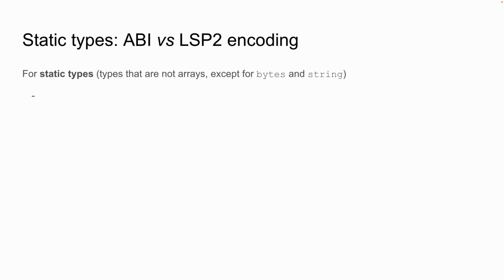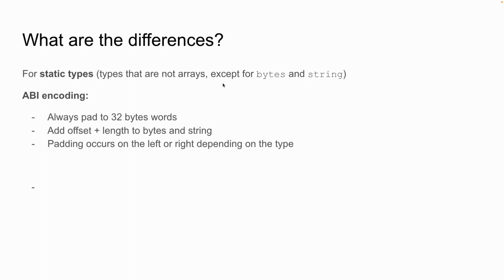Static types means any type that is not an array, with the exception of bytes and string, which are also arrays but have a bit of a different place in LSP2. We're going to see how static types are encoded with the ABI encoding format, compared to the LSP2 encoding format.